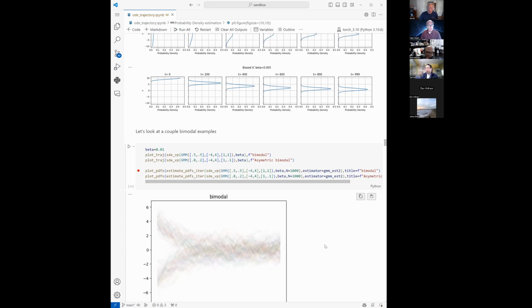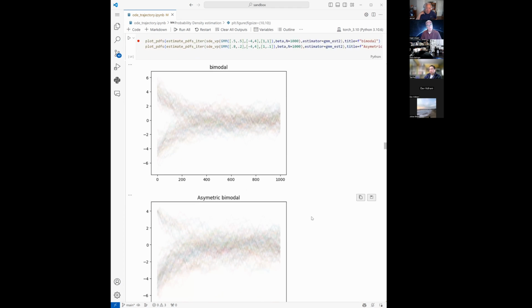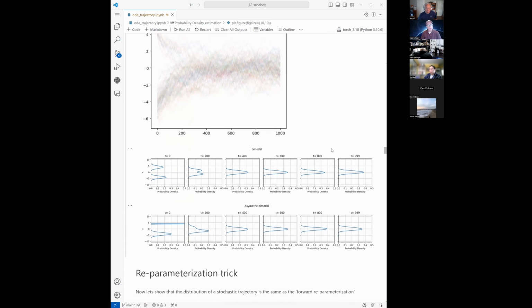Also wanted to do a couple of bimodals. So here's the 50-50 at minus 4 and 4. And then I have an asymmetric one where you have a larger weight on one and also different variances on the two. You can see in the bimodal, the two SDE trajectories kind of come together. Asymmetric, same way.